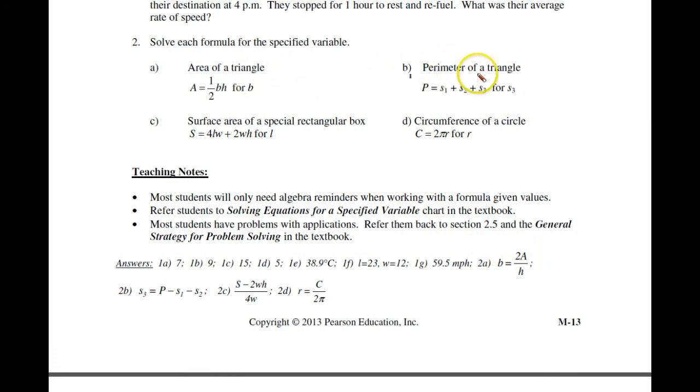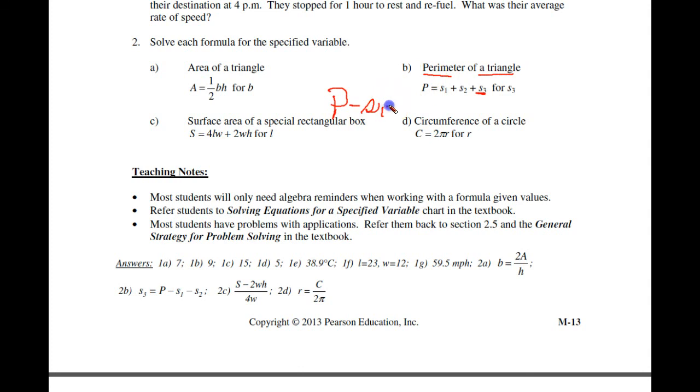Okay, now for this one, we have a perimeter of a triangle, which is just the sum of 3 sides, but we want to isolate this side. So again, here's where transposition comes in very well. There's our P. We're going to transpose that one. It becomes a negative S sub 1.